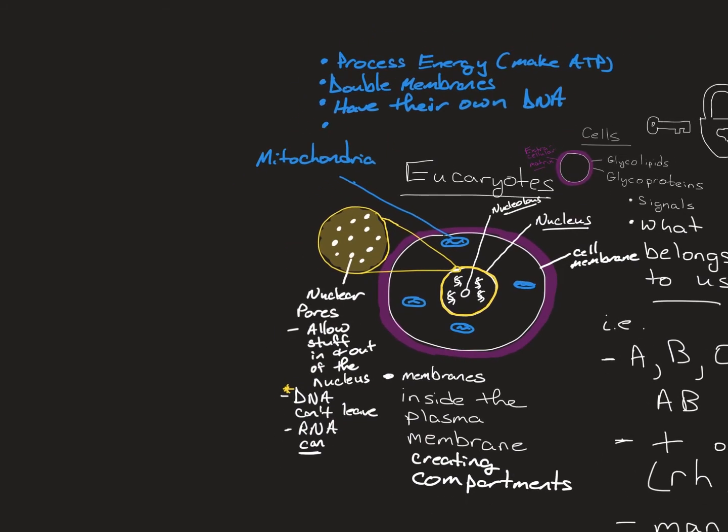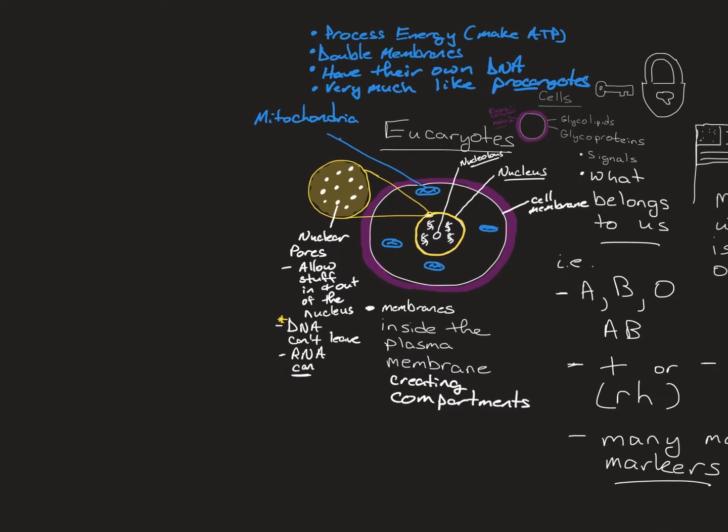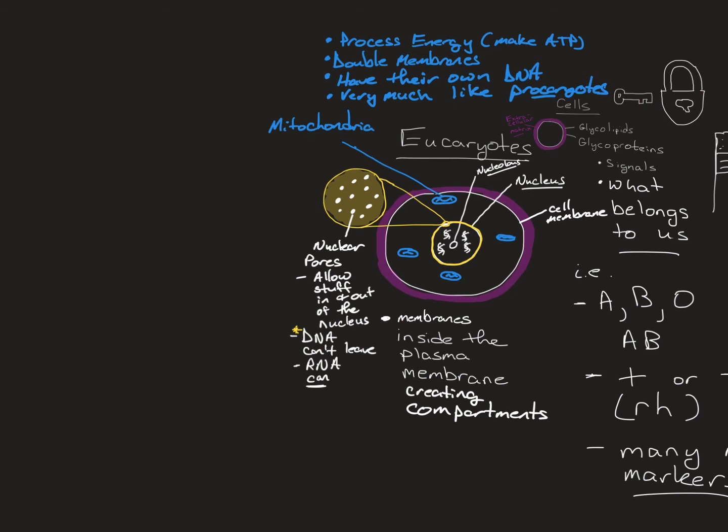And they're very much like prokaryotes. Are they prokaryotes? No. But are they like prokaryotes? Yes. And they're inside a eukaryote. Isn't that interesting? There are these organelles that have double membranes, their own DNA, and they act like prokaryotes in very many ways, very similar to prokaryotes that live inside every eukaryotic organism.